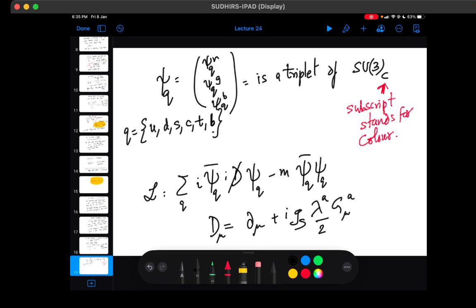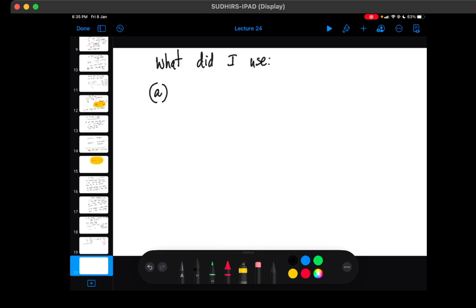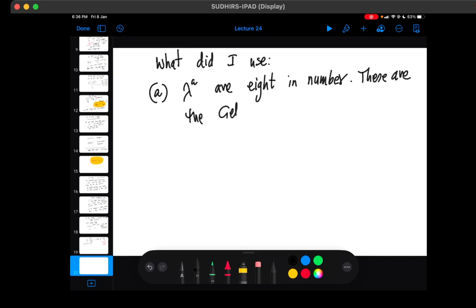Here first I used that the λ^A are 8 in number, because SU(3), the special unitary 3 by 3 matrices, has 8 generators, and these are the Gell-Mann matrices as we have seen earlier.